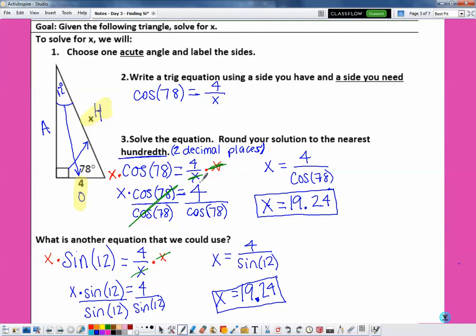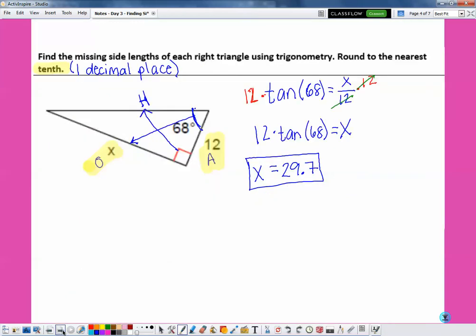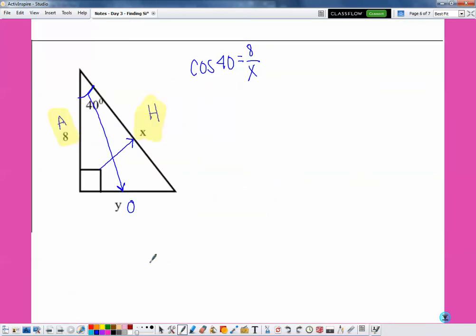Here, again, x in the denominator, they ended up switching places. So a little shortcut to remember is if the x is in the denominator, the x and your trig function are going to switch places. So x equals 8 over cosine of 40. And that'll save you a little algebra.